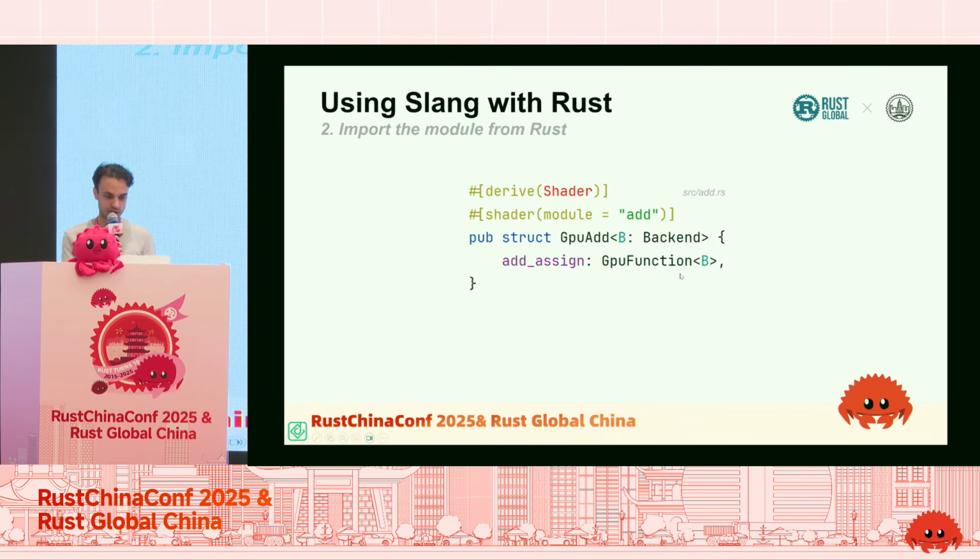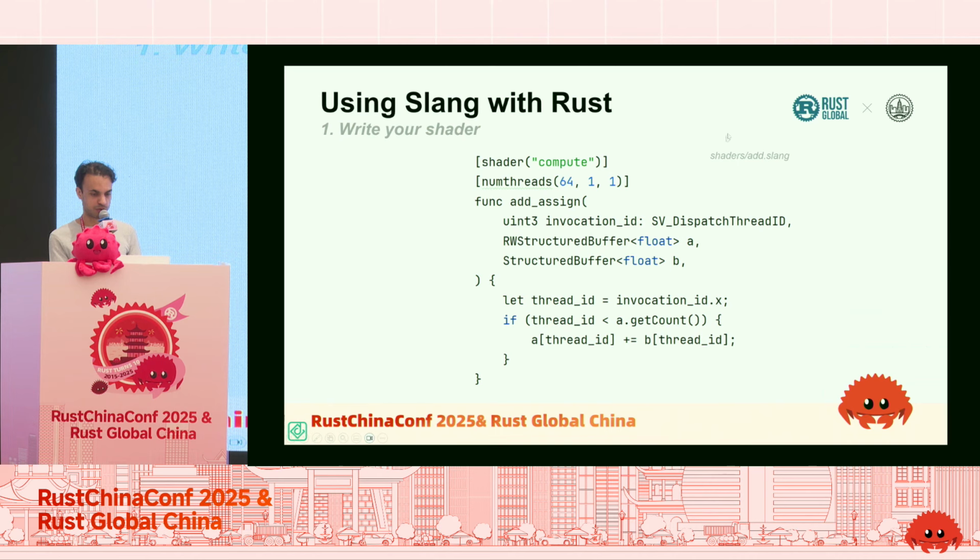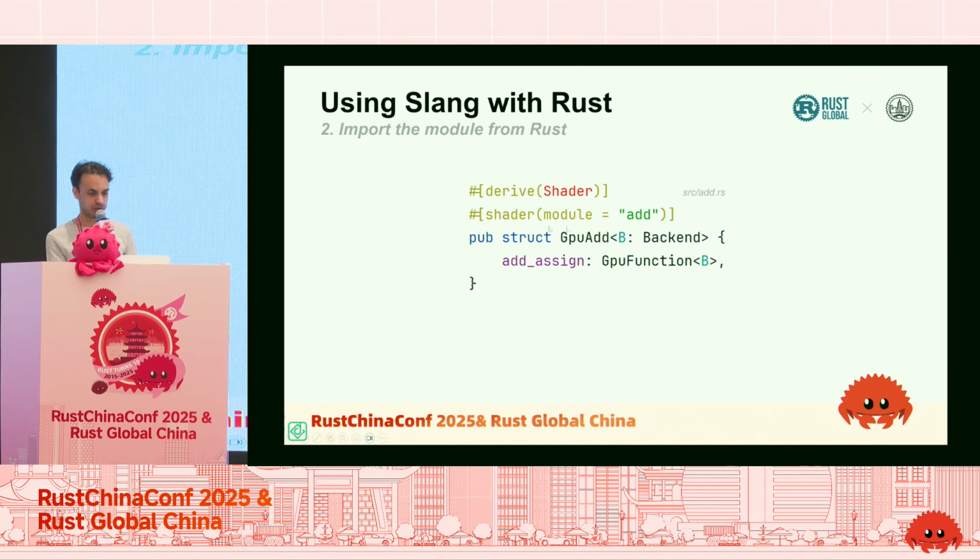So that one is a GPU function, and it's all parameterized by the backend. So you don't know what the backend is, but it does depend on the backend. Here, with this procedural macro, we can say, okay, this structure matches that module from Slang. So that module was the add.slang file, and we have the relationship here.